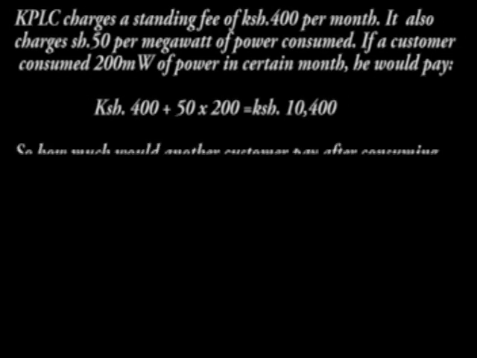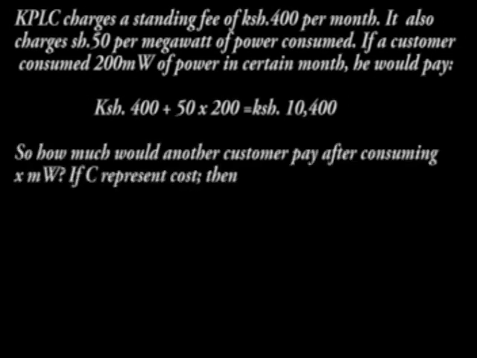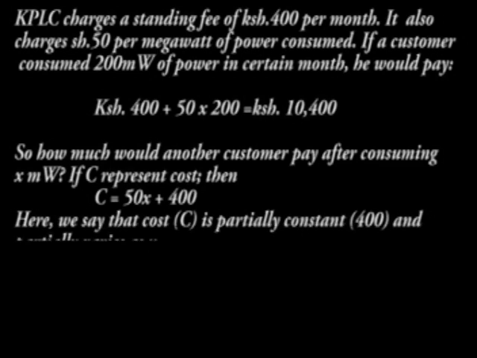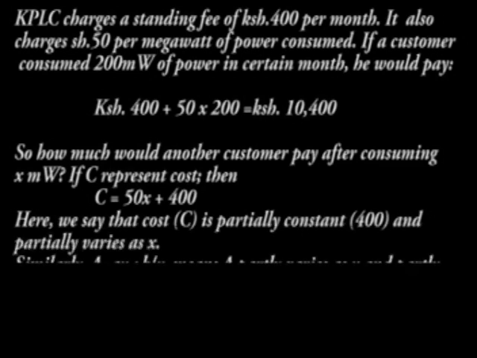How much would another customer pay after consuming x megawatts? If C represents cost, then C is equal to 50x plus 400. Here we say that cost C is partly constant and partly varies as x.